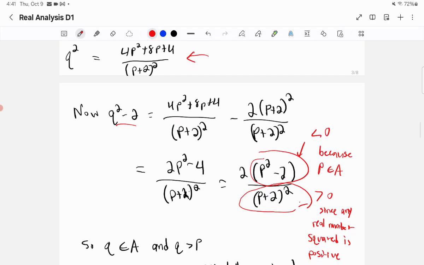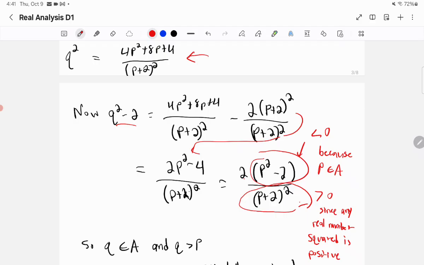And long story short, I get more cancellation if I do this. So it comes down here, and it becomes 2P squared minus 4 over (P plus 2) squared. And finally, I can rewrite this. So I get 2 times (P squared minus 2) over (P plus 2) squared.